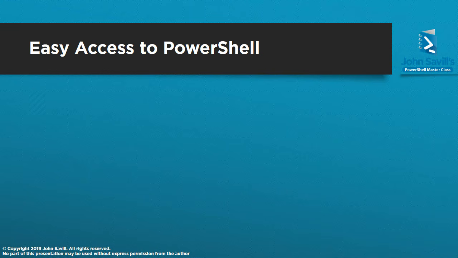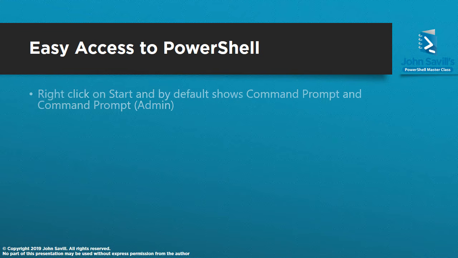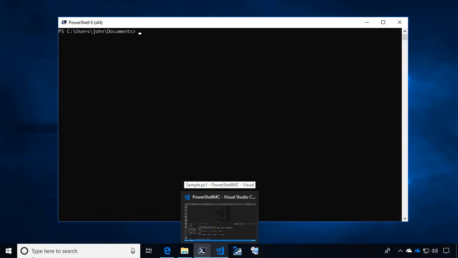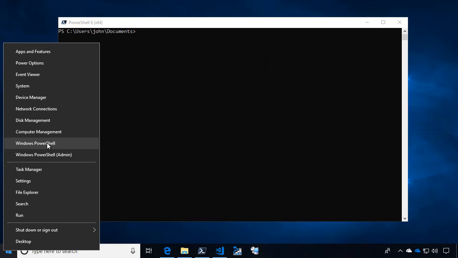So how do I get easy access to PowerShell? I'm going to make this leap. I want PowerShell everywhere. Well, if I right-click on the Start button, ordinarily it's going to show me Command Prompt and Command Prompt as admin, i.e. an elevated version. I can change this to show me PowerShell through the taskbar properties. So if I jump over, if I right-click, you notice mine says PowerShell and PowerShell admin.